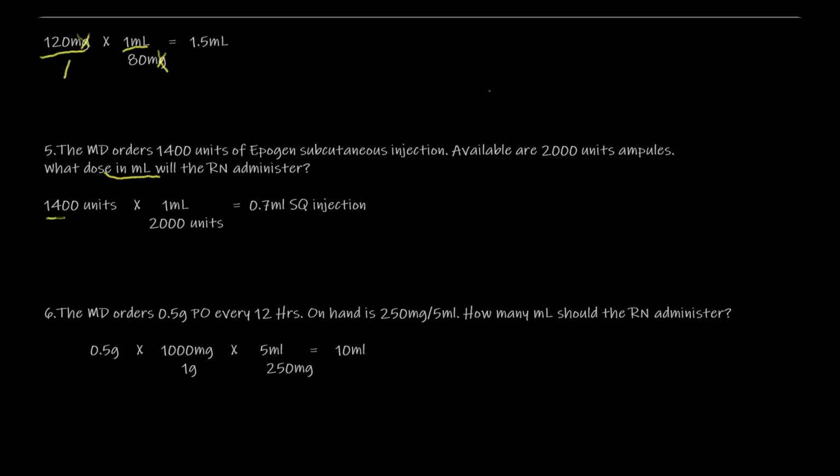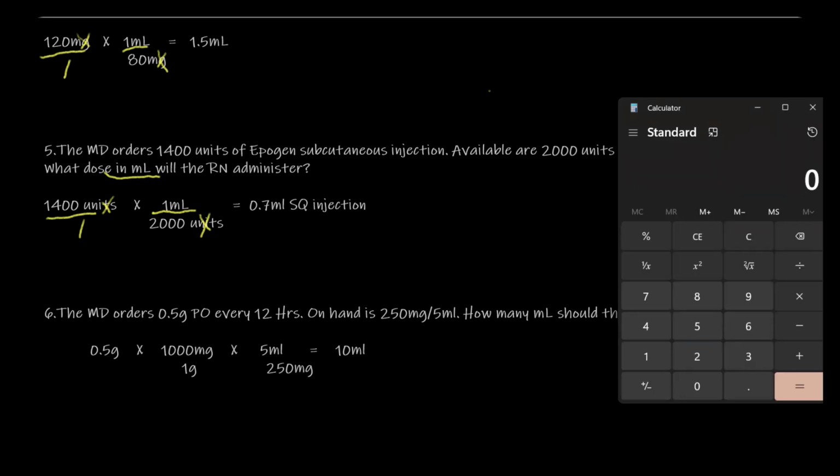I've set up this problem starting off with the MD order, 1,400 units over 1 times 1 mL over 2,000 units. Our units cross-cancel. Now we're ready to solve. 1,400 times 1 is 1,400, divided by 2,000 gives us 0.7 mLs for our sub-Q injection.